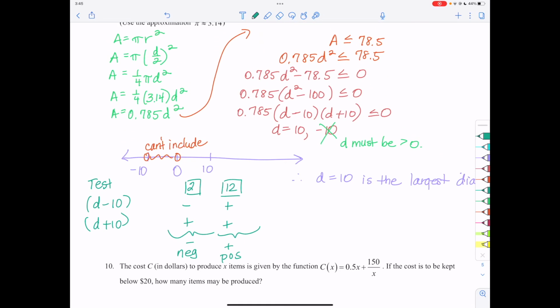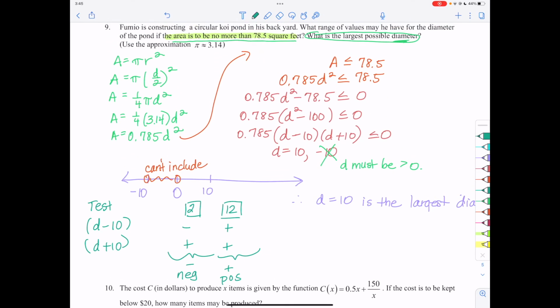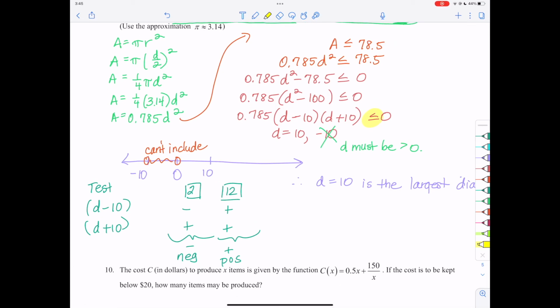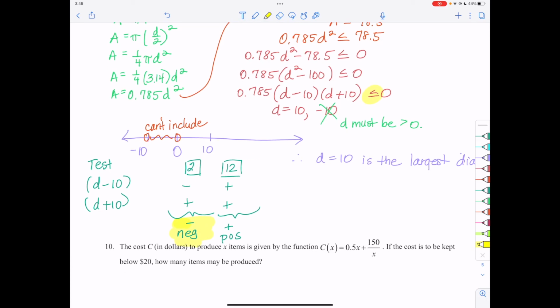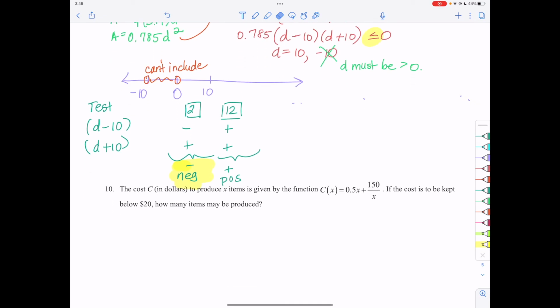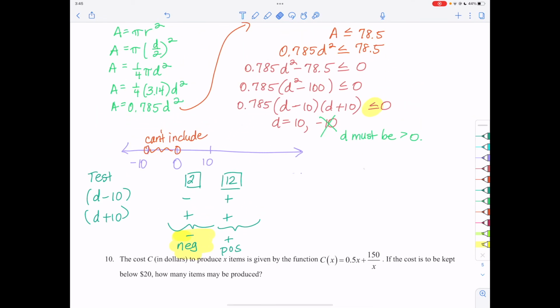And so we want to solve less than or equal to 0. So that would give us this interval from 0 to 10. I'll go ahead and just erase this, and I can always rewrite that.